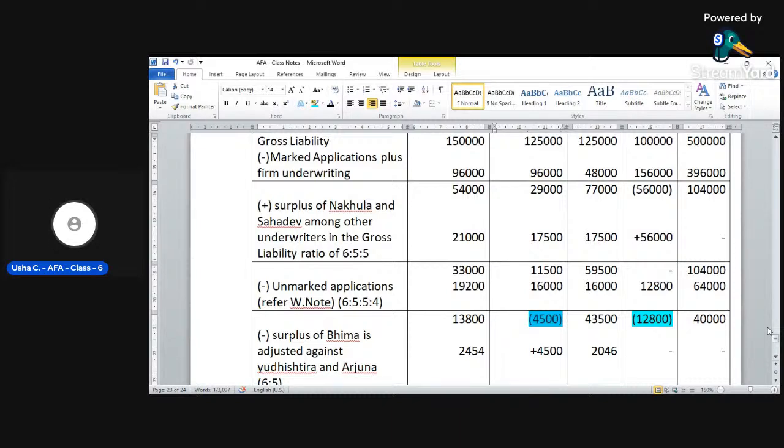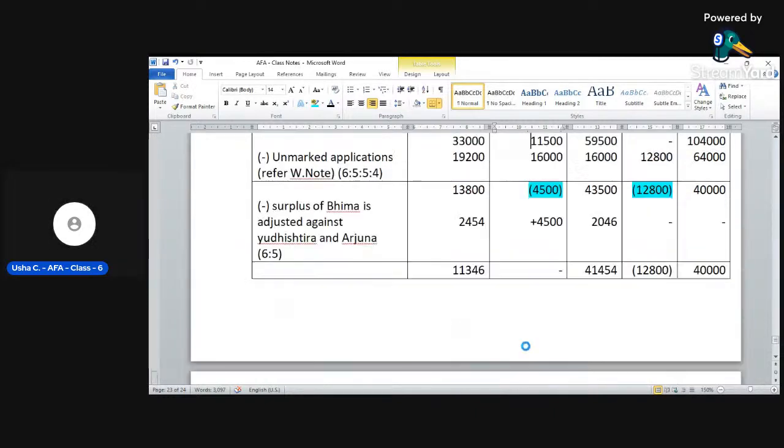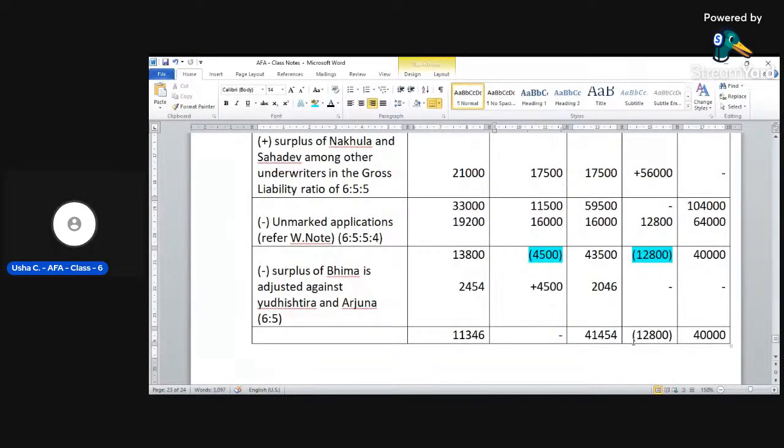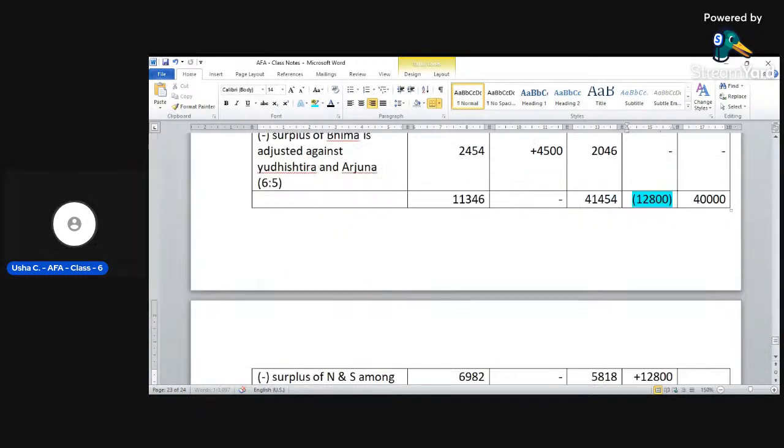So we are adjusting only against Yudhishthira and Arjuna, the 4,500 shares value. After adjusting this, there is still 12,500 of surplus remaining, which we have not yet adjusted. So this 12,500 we now adjust in the next step.